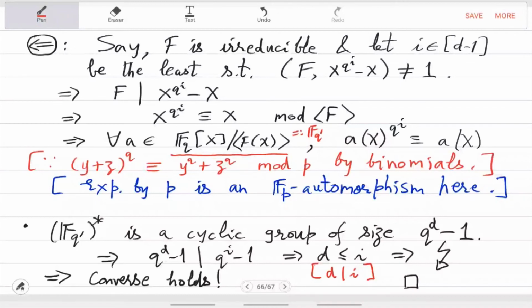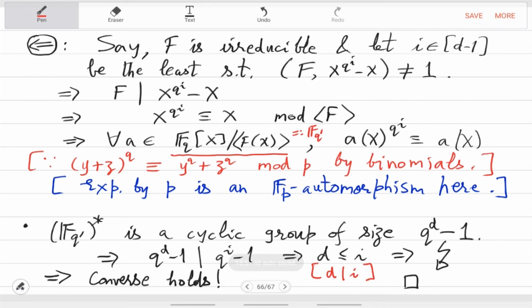So this slide proves another interesting property over finite fields: all irreducible factors of x to the q to the i minus x have a degree that divides i, and they are all of them. Nothing is missed. So it contains all the irreducible polynomials whose degree divides i.